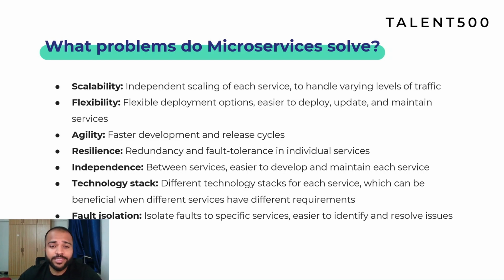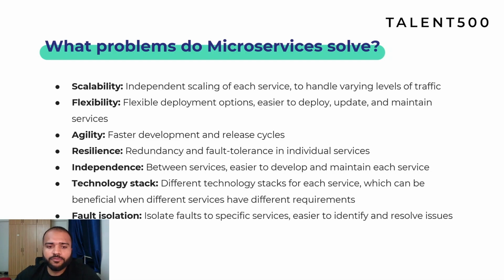Next, flexibility: flexible deployment options, easier to develop, update and maintain your service. So deployment options are flexible in the sense that each microservice might be deployed in a different way because of the kind of architecture it has or the kind of requirement it has.